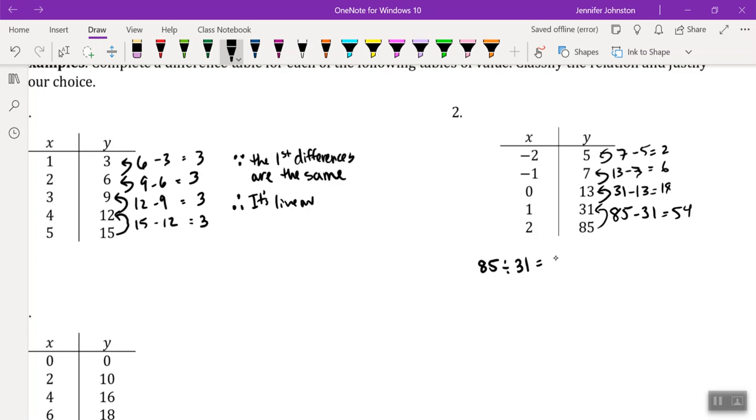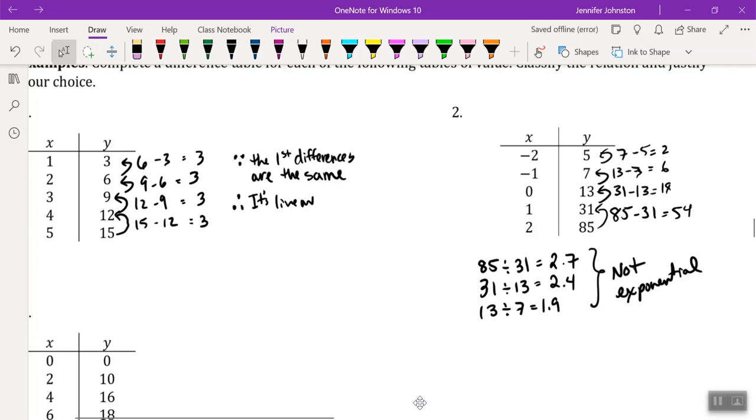Here we get 2.7. What about 31 divided by 13? We get 2.4. Uh-oh. I can already see that something isn't the same here. And then 13 divided by 7 is 1.9. So I can already see that it is also not exponential.